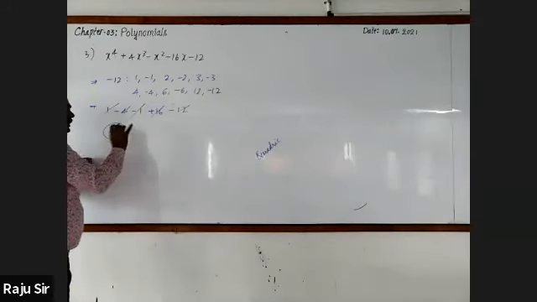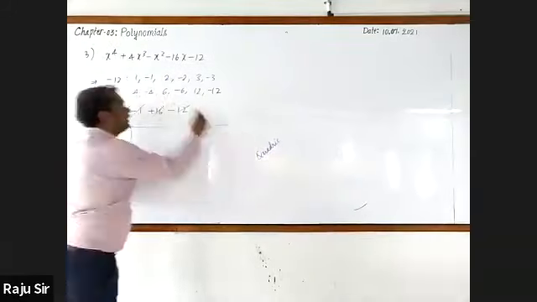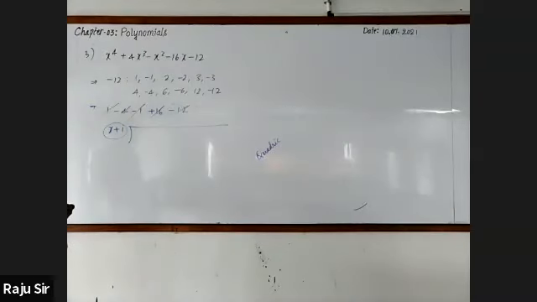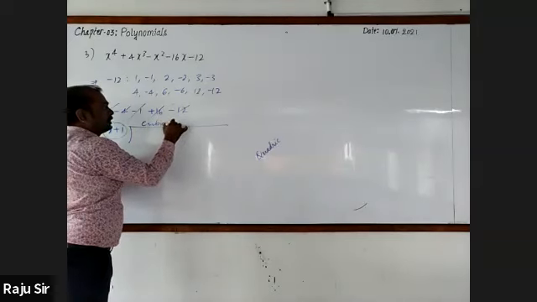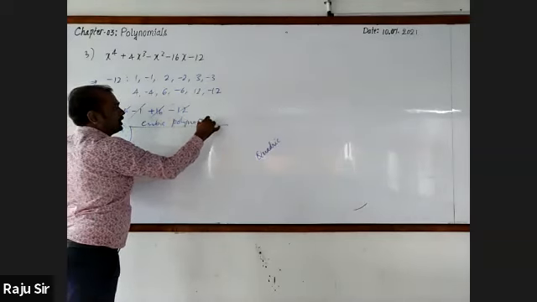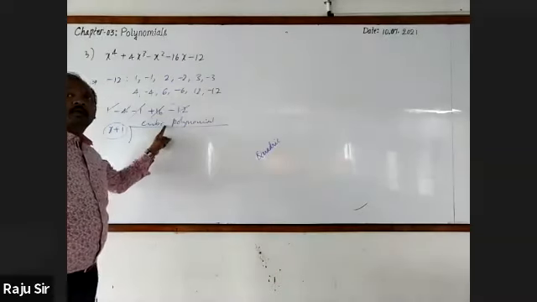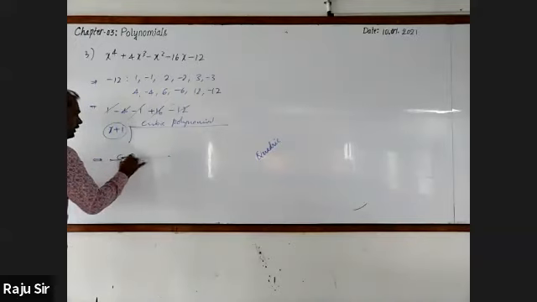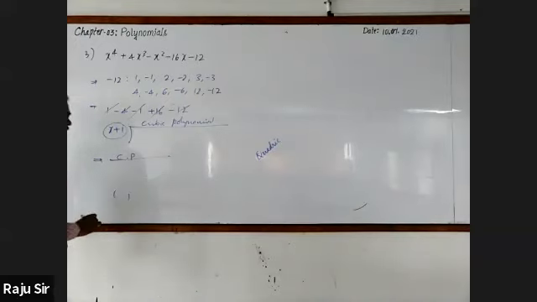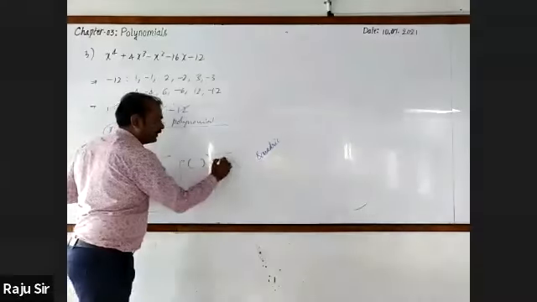Using this x plus 1, you go for dividing the given polynomial. After dividing the polynomial, you get a cubic polynomial, x cubed plus 3x squared minus 4x minus 12. Take this cubic polynomial and again find one factor, then divide.